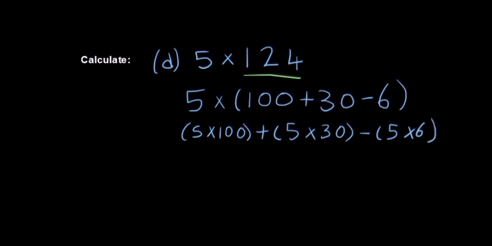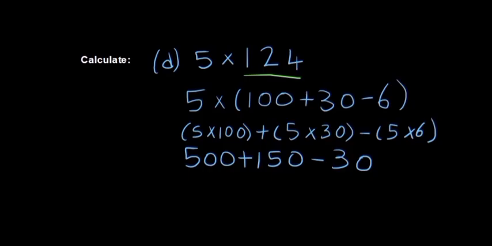So we're going to multiply 5 by 100 to get 500. Then we're going to multiply 5 by 30 to get 150. And then we're going to multiply the 5 by 6 to get 30. And then now we're going to add and subtract here to get 620. And this is the final answer.